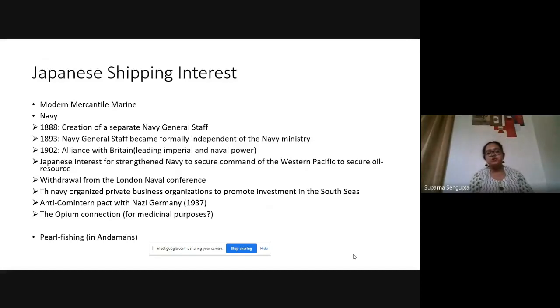The Japanese interest in a strengthened navy was partly stipulated by their interest to secure command of the Western Pacific, to secure oil as a resource, because we see the interest of shipping also depending on the fuel for carrying on the vessels running for navigation.